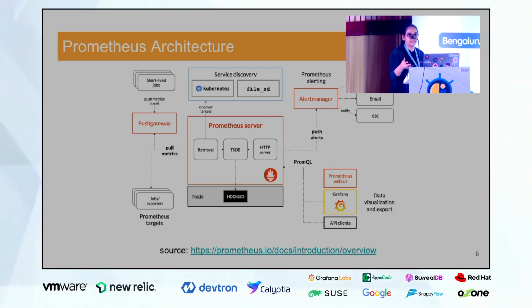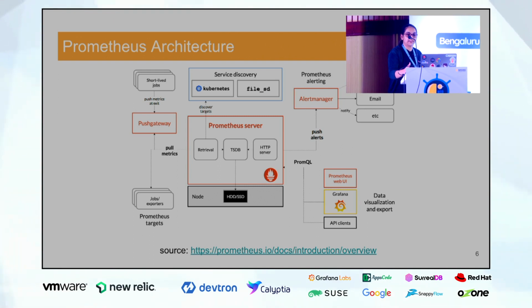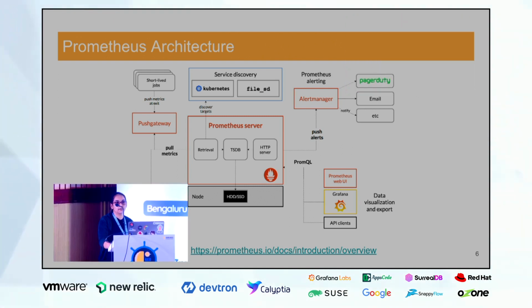Once the alerts are evaluated and if there are any issues, then the Alertmanager will be notifying the admins or someone using different receivers like PagerDuty or Slack or any other webhook mechanism. And another thing is it can be used to create various dashboards using Grafana or any other dashboarding utility, or you can even query in the Prometheus UI itself for ad hoc debugging, or if you want to check what's going on, something like that.